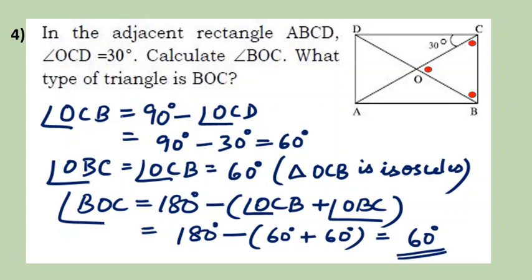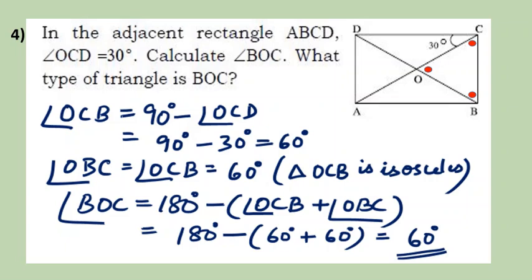Because OCD is given as 30 degrees, triangle OCB happens to be equilateral. Then ODA is also equilateral, and they are congruent.